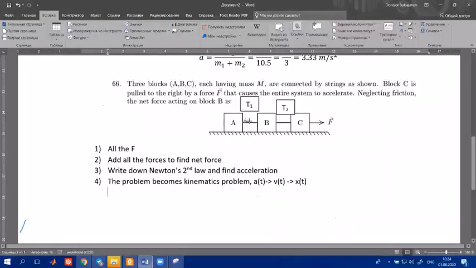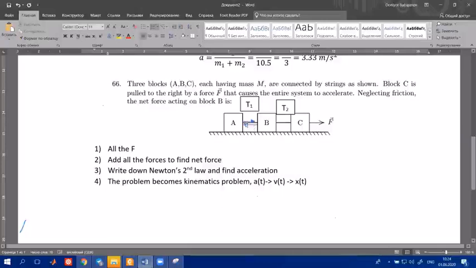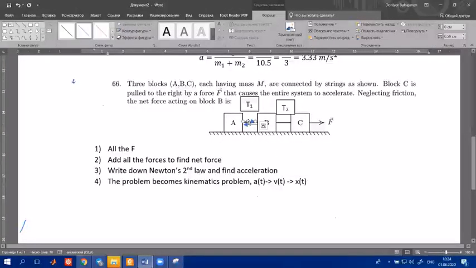We have tension T1 acting on the body A to the right, and we have T1 acting on the body B to the left. I'll try to draw it like this. So this is T1. And the same thing can be drawn for force T2.